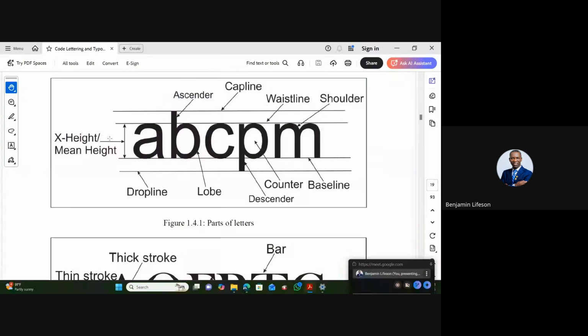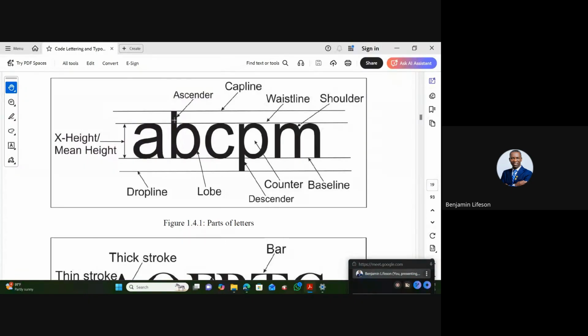Basically, most alphabets which are in small letters fall within the X height or the mean height. Now, any letter that has part of it rising above the X height to touch the cap line is known as an ascender.